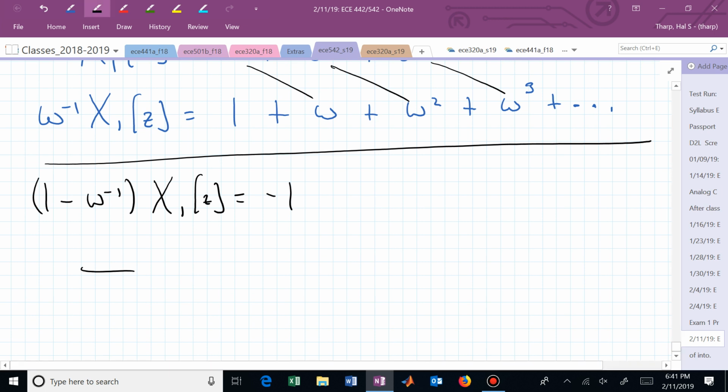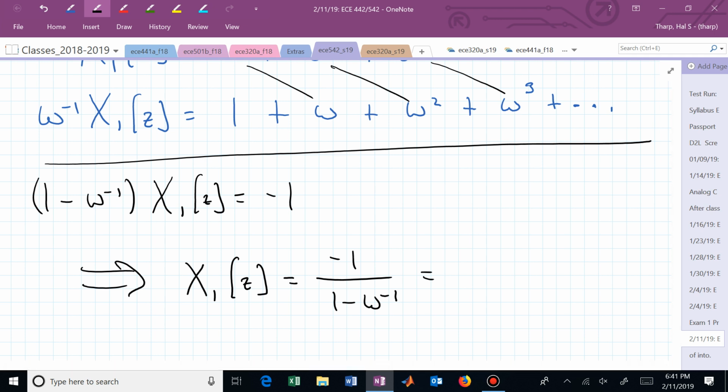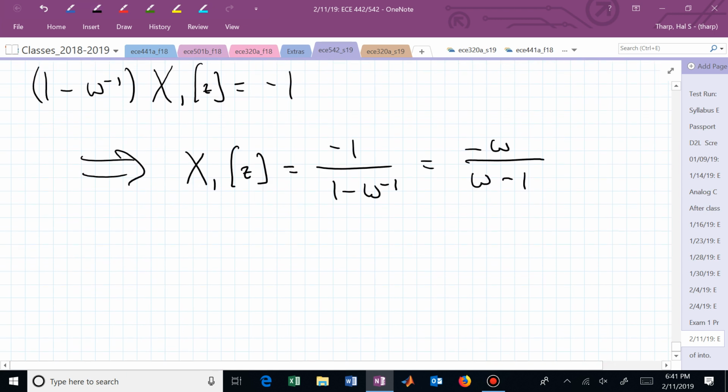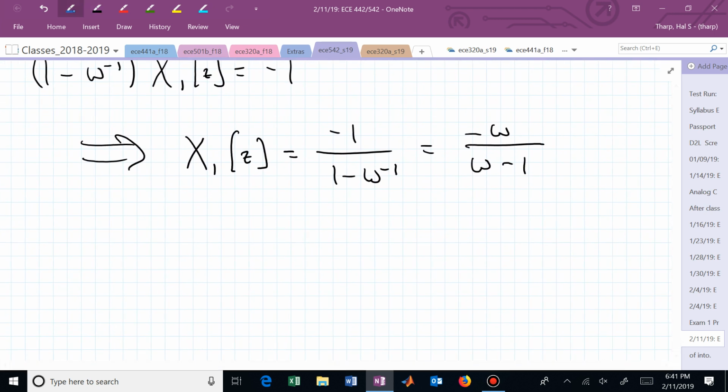That now allows me to conclude that capital X1 of z is minus 1 over 1 minus w inverse, or if I multiply by 1, which is w over w, I then have minus w over w minus 1. But we didn't start with w. We wanted a z.